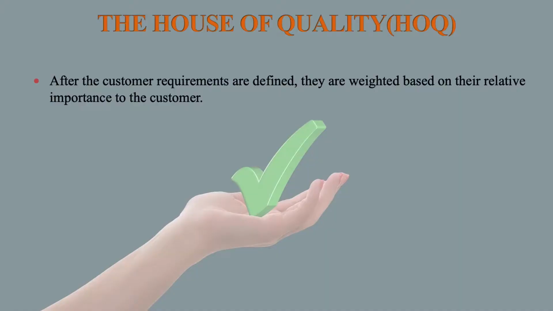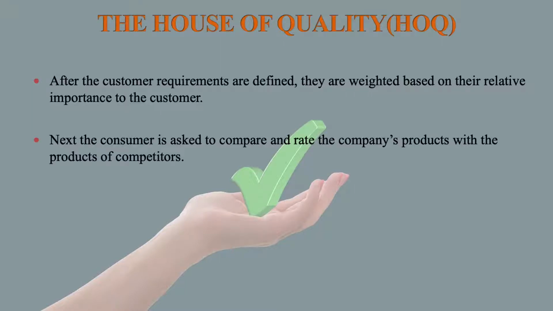After the customer requirements are defined, they are weighted based on their relative importance to the customer. Next, the consumer is asked to compare and rate the company's products with the products of competitors.